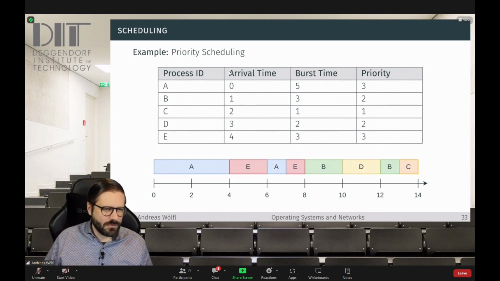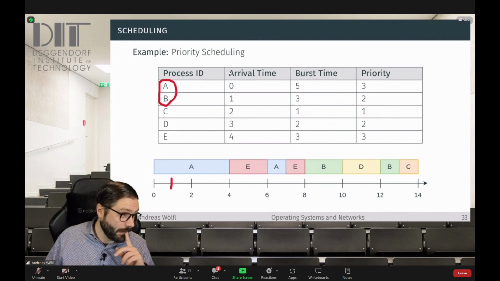Let's talk about this schedule. Time 0, easy, everything fine. At time 1, we have A and B in our list of runnable processes, but as A has higher priority than B, A continues.